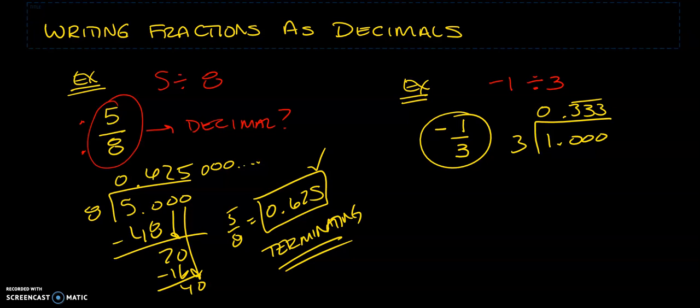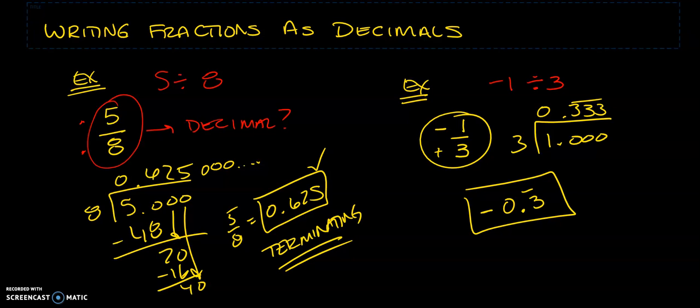But wait, I said disregard that negative. I just didn't want to write the negative inside this division bar. So we know that our answer, because it's negative, this is technically a negative divided by a positive, right? We know that that gives us a negative quotient in this case. So it's -0.3 repeating. All right, so we're writing -1/3 as a decimal, -0.3 repeating.